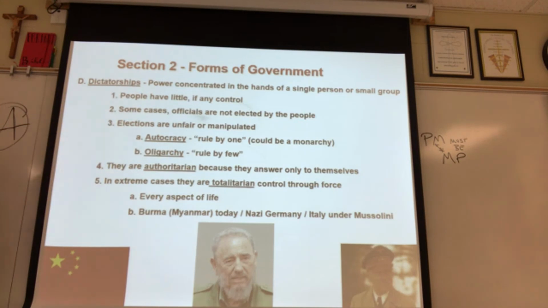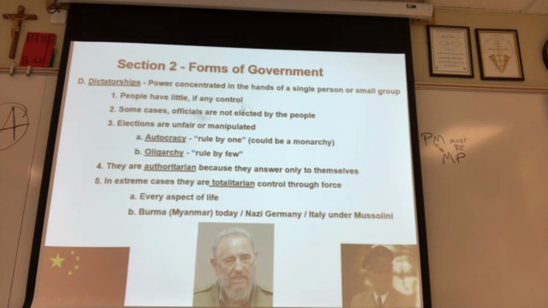Power concentrated in the hands of a single person or small group. Good?